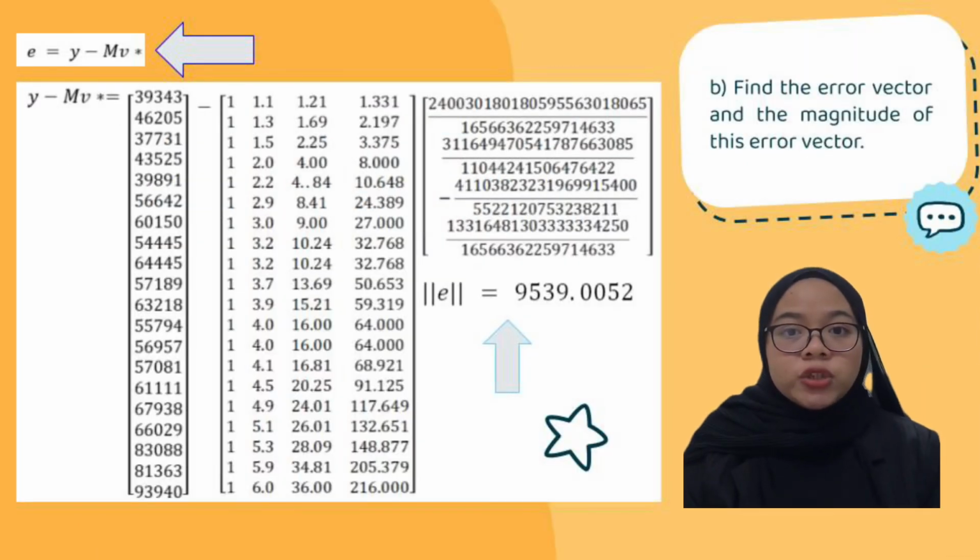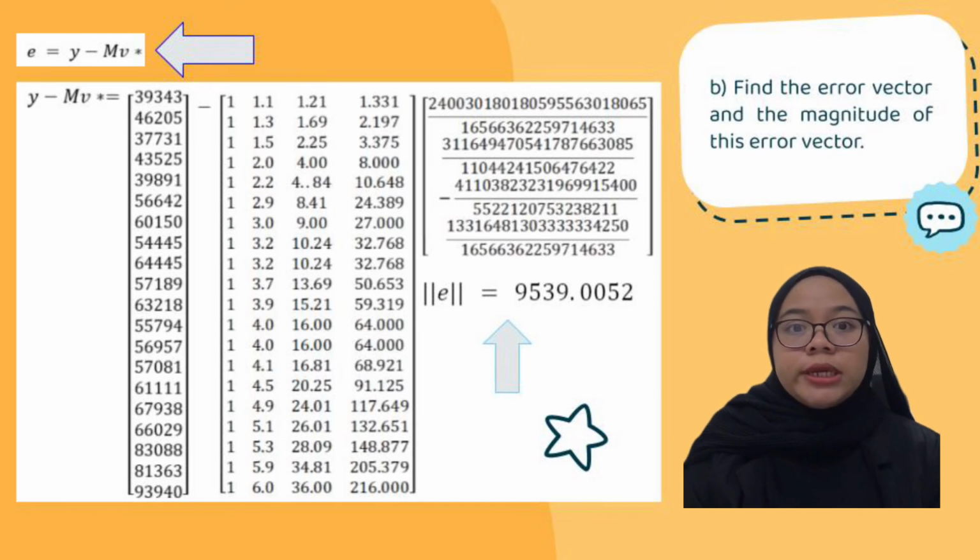After that, we need to find the error vector and the magnitude of this error vector by using the formula, which is e equal to y minus mv. So after we substitute the values in the formula, we get the magnitude of this error vector is 9539.0052.